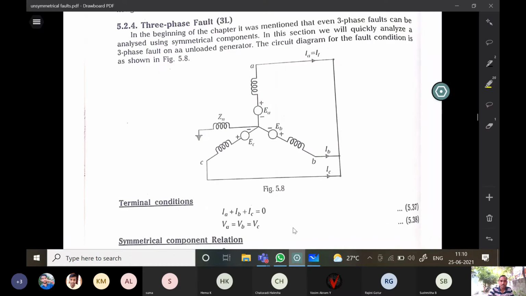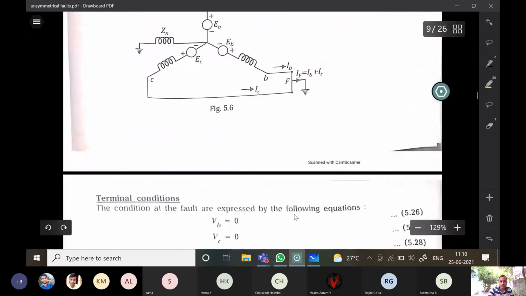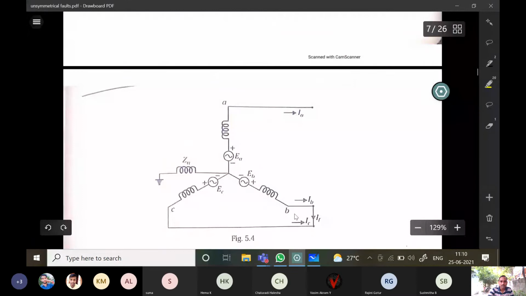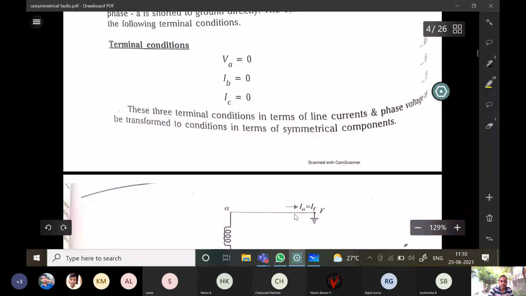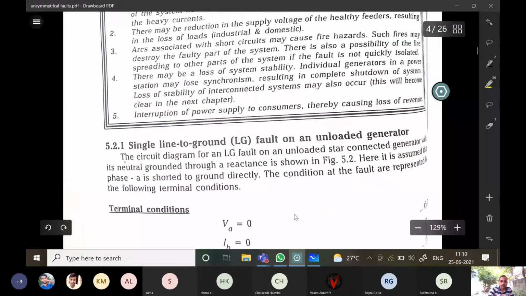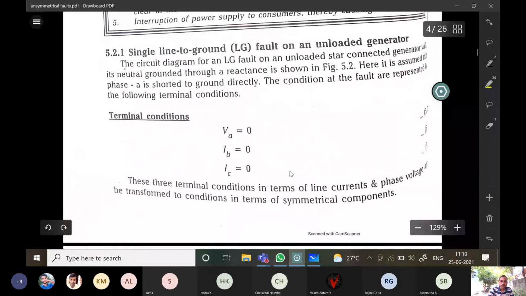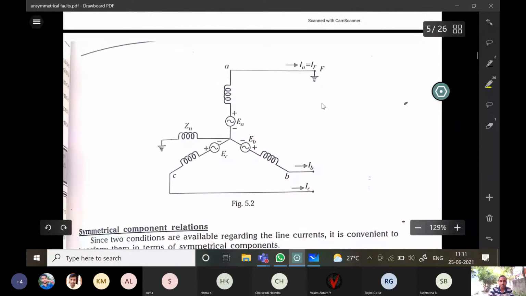So look here, I will go back to the derivations. Single line to ground fault of an unloaded generator. So the terminal conditions of single line to ground fault, and here look at the diagram. This is your first derivation.